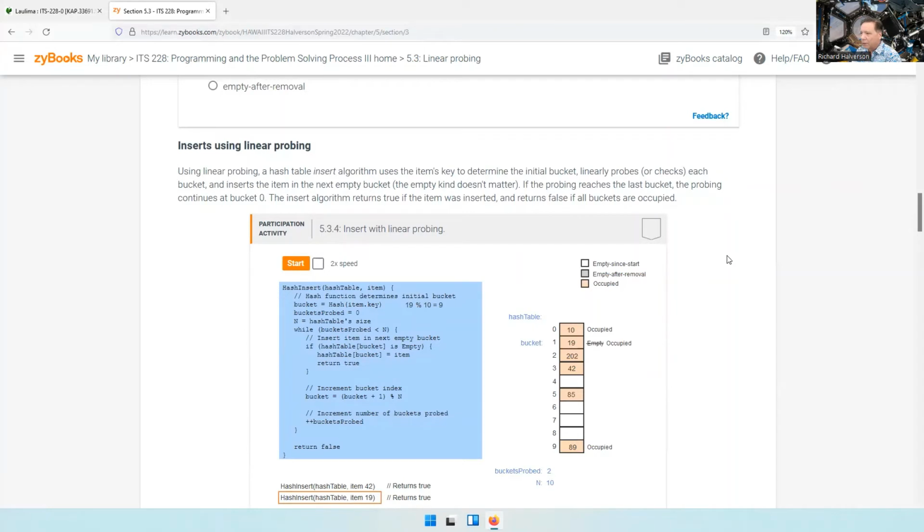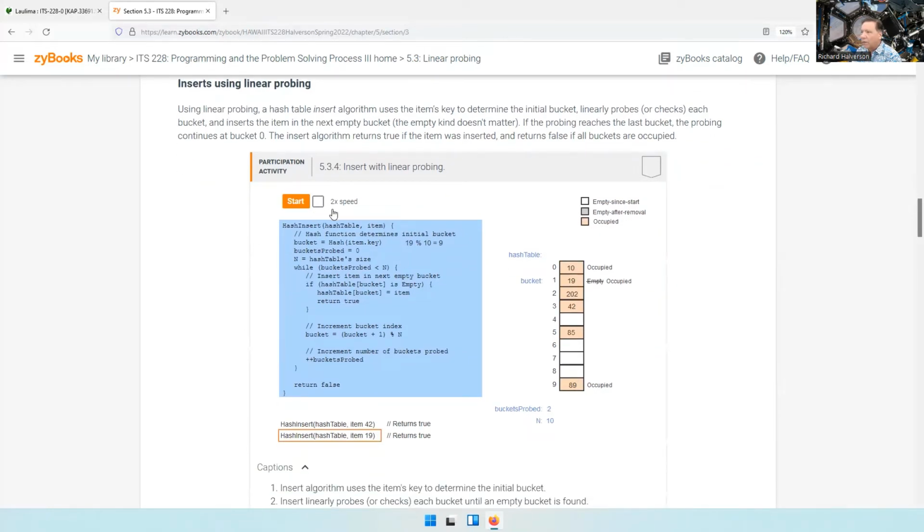Inserts using linear probing. Okay, so this is the algorithm where you figure out what the bucket is, and you check to see if that bucket is empty. If it's empty, you have a place for it, and then you're done, so you return.